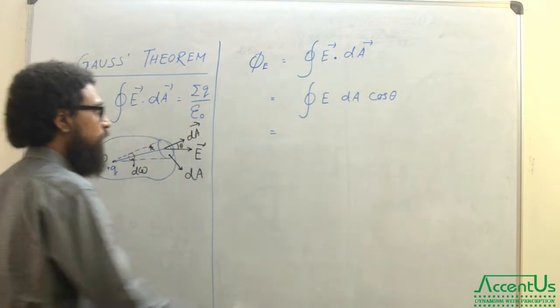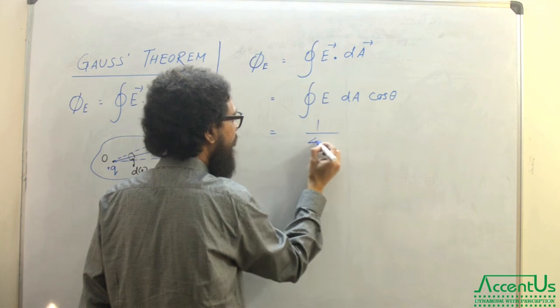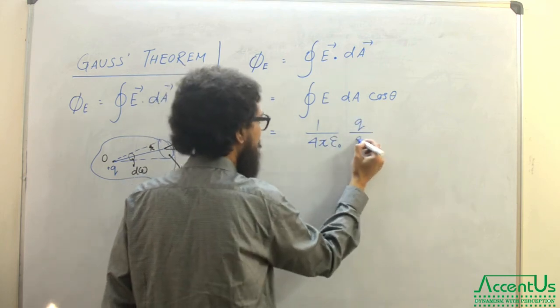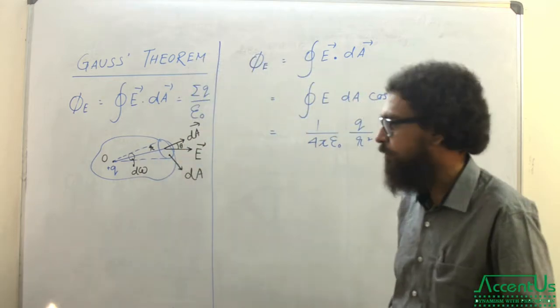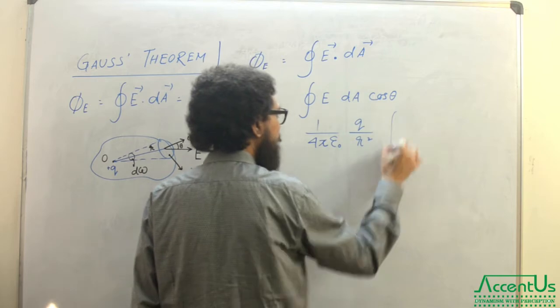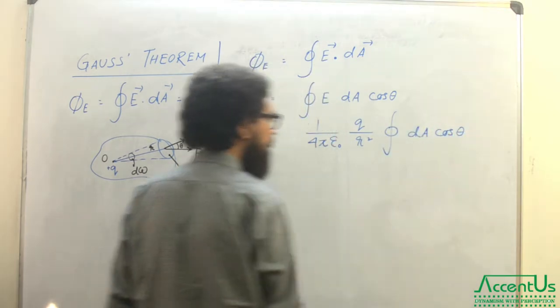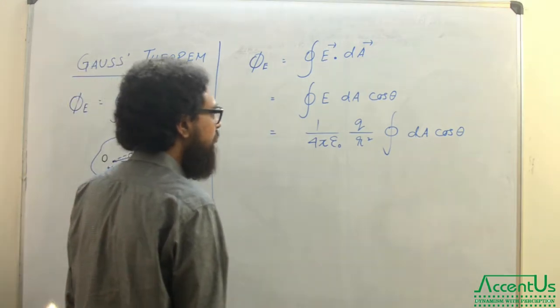Now what is the electric field? If I take it out, it is 1 by 4 pi epsilon naught, q by r square, because the distance is r here, the radius of the surface. After this we have dA cos theta, fine, no issue.